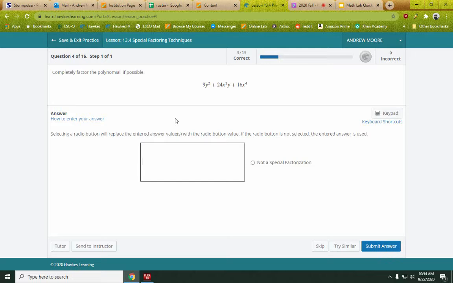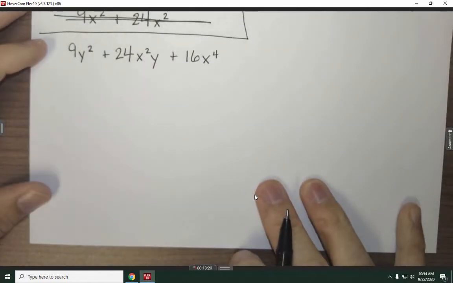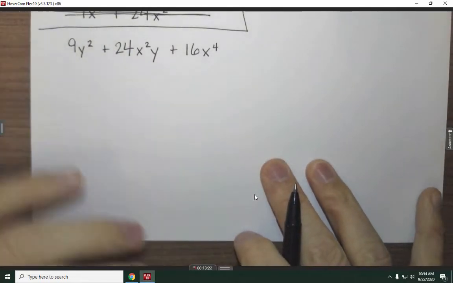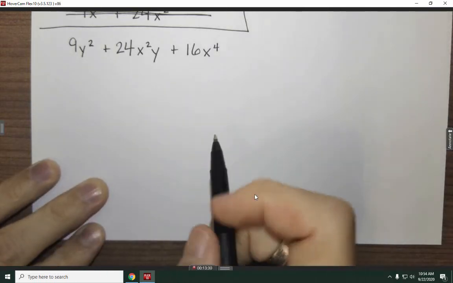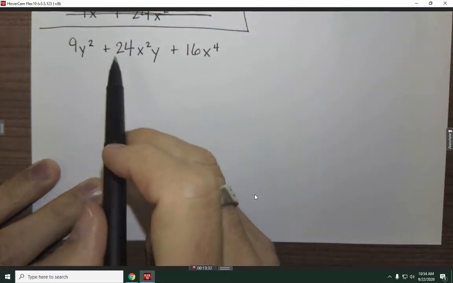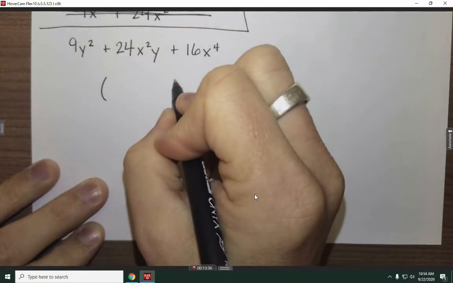All right, completely factor the polynomial if possible. We have 9y squared plus 24x squared y plus 16x to the 4th. Okay? So we're going to do like we did on this one. We're going to be looking for the square root of this term. So it might just turn out to be like this.